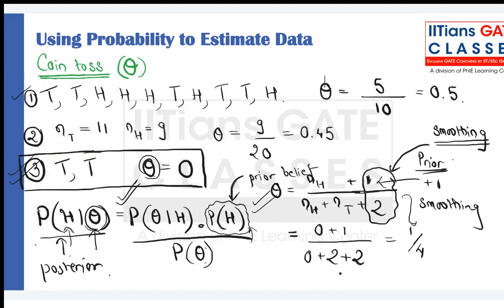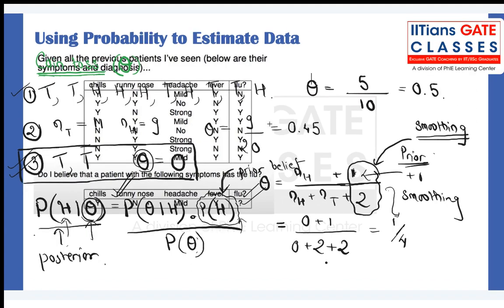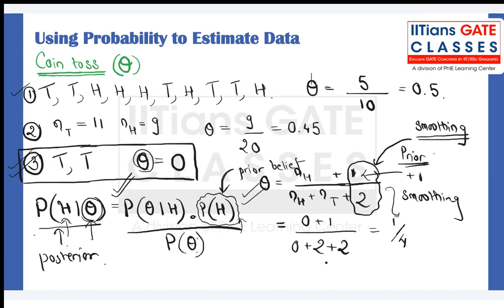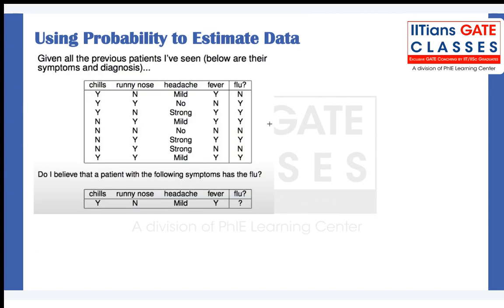Now, in the example that I taught you, the data was single dimensional, correct? The value of D is 1. You only have one feature, which is the weather. Here, you can see that there is more than one feature. Read the question carefully.